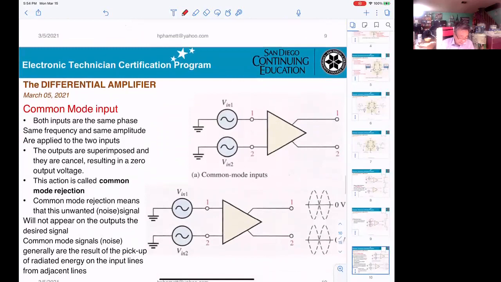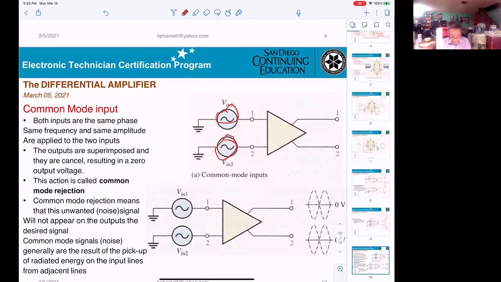Now, common mode input: both inputs are the same phase, same frequency, and the same amplitude applied to the two inputs. That means this and this one are identical. Okay, the outputs are superimposed and they cancel out, resulting in the output being 0.